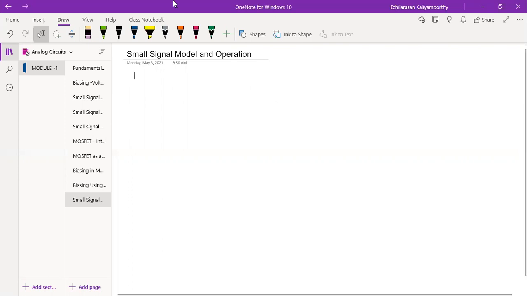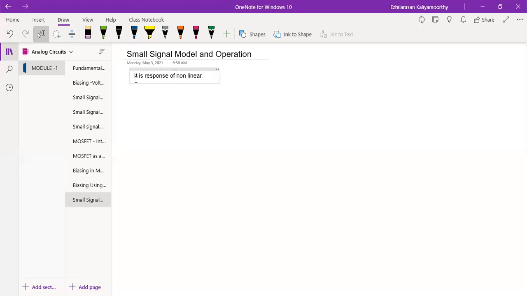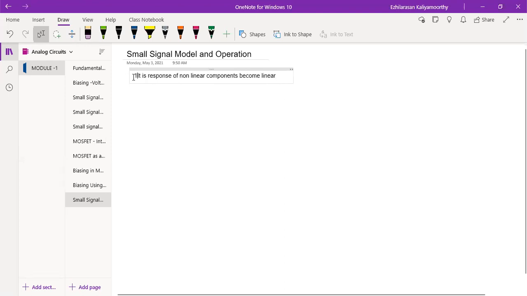This is the response, where non-linear components become linear. That is the first pointer.